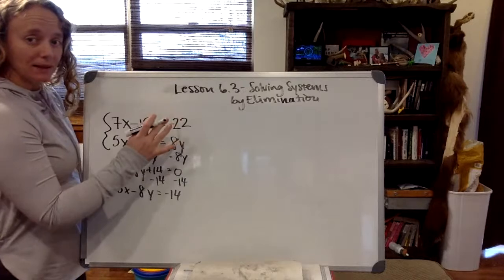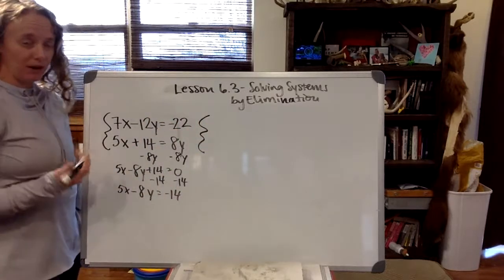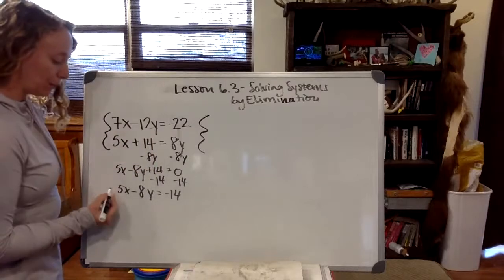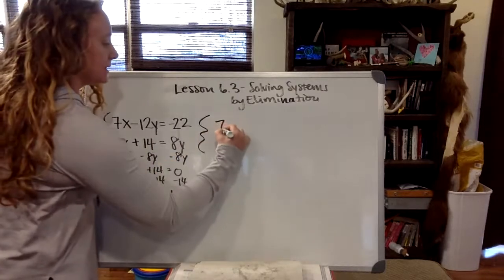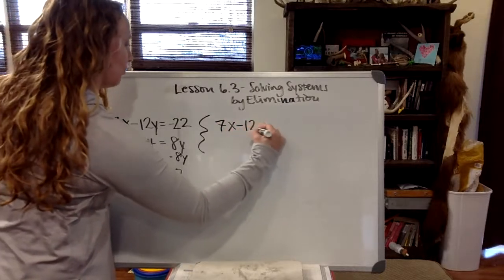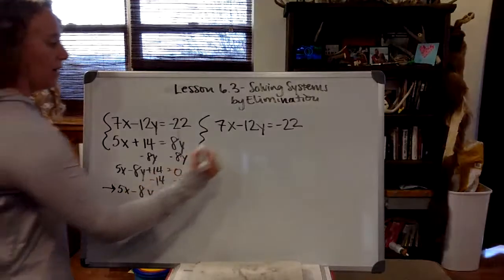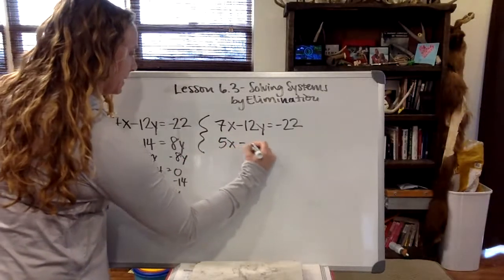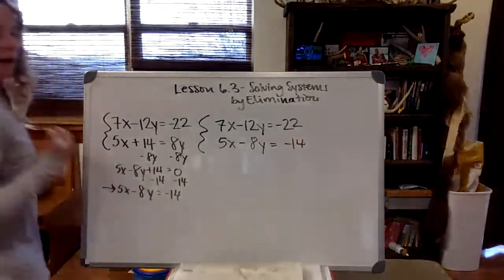I'm going to rewrite this system now over here so I can see it very clearly with this now rewritten equation in there. So I have 7x minus 12y is equal to -22, and I have 5x minus 8y is equal to -14.